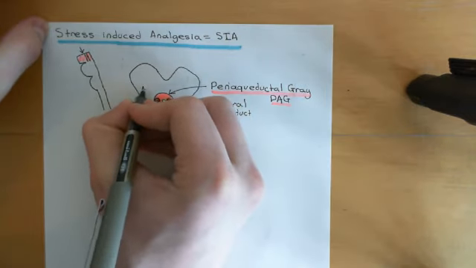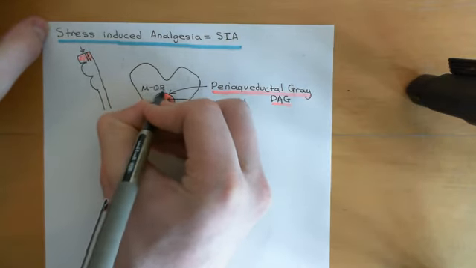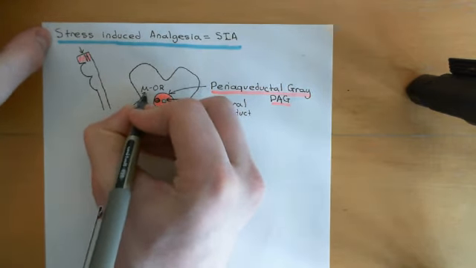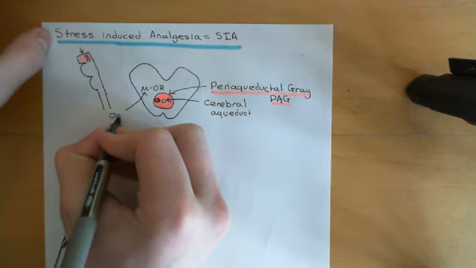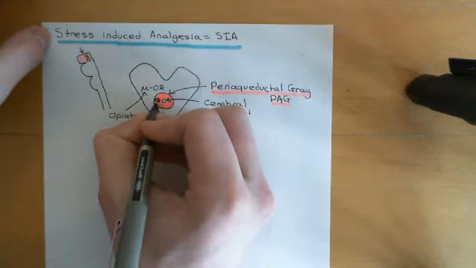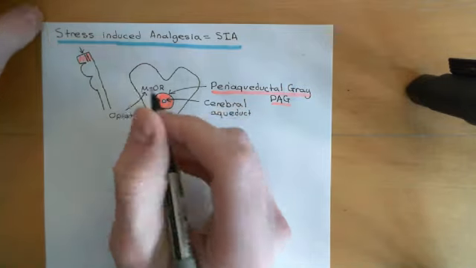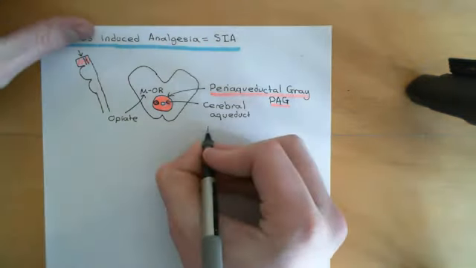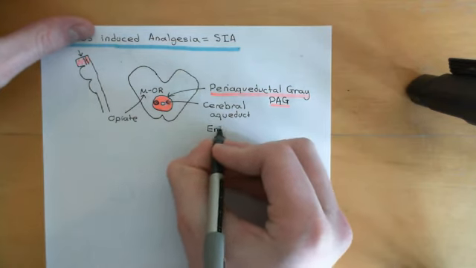Basically, these neurons have mu-opioid receptors on them, and in fact, one of the sites of action of exogenously applied opiates, such as morphine or codeine, is that it can activate these mu-opioid receptors on the cells of the periaqueductal grey. Now, the cells of the periaqueductal grey themselves actually use endogenous opioids as their neurotransmitter. Specifically, they use enkephalins as their neurotransmitters.